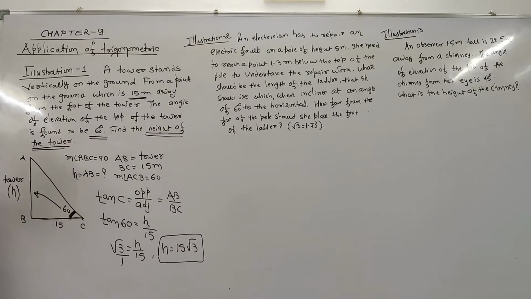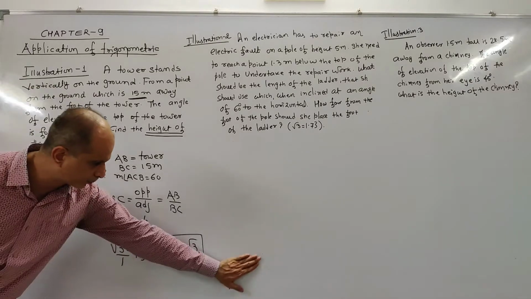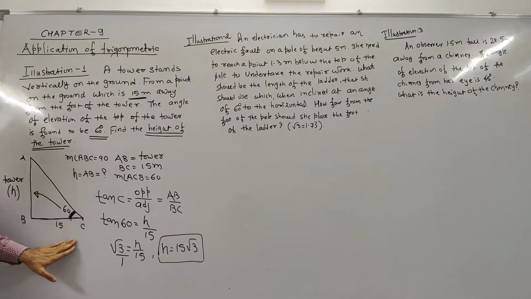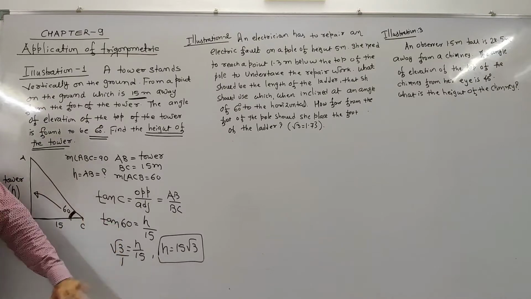Here the value of root 3 is not given to you, so there is no need to write the value of root 3, that is 1.73. So your final answer is H is equal to 15 root 3. So read this example, draw AB as the tower, angle is 60 degrees, at 15 meters from the tower, and use tan 60, you will get your answer.